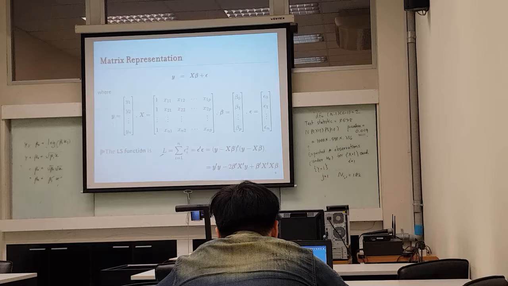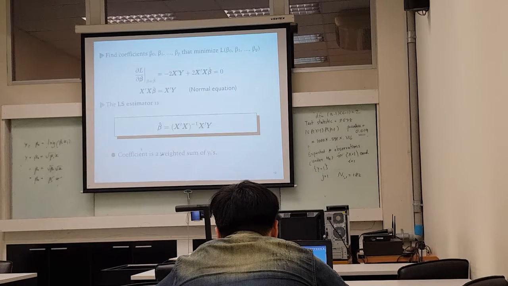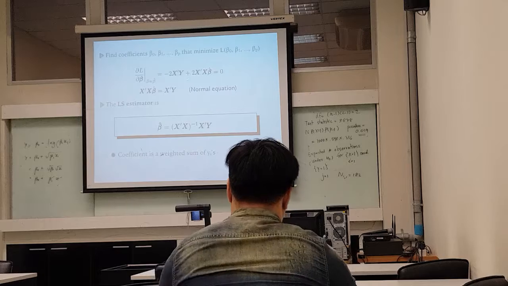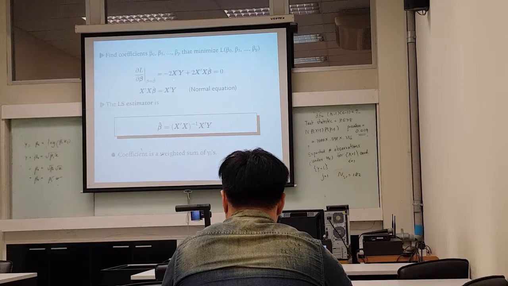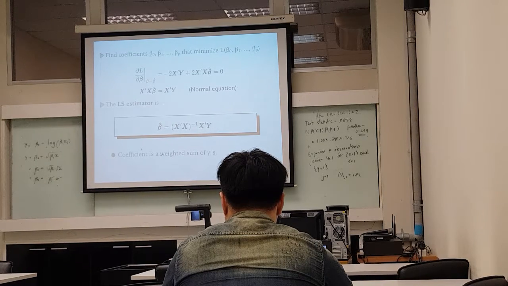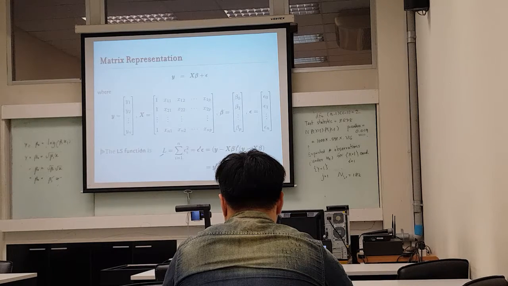After you differentiate this and set it to 0, you move this term to the right side, and you get the equation x transpose x beta equals x transpose y.